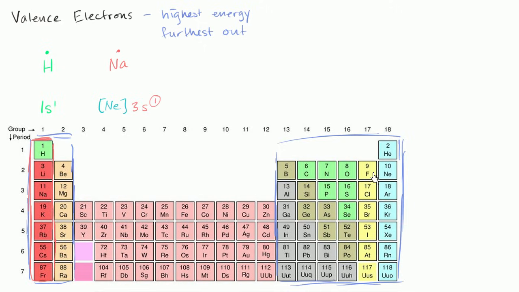Now, let's think about helium. Helium's an interesting character because the rest of the noble gases have 8 valence electrons, which makes them very stable. But helium only has 2 valence electrons. The reason it's included here is that helium is also very stable, because for that first shell, you only need 2 electrons to feel full, to feel stable.